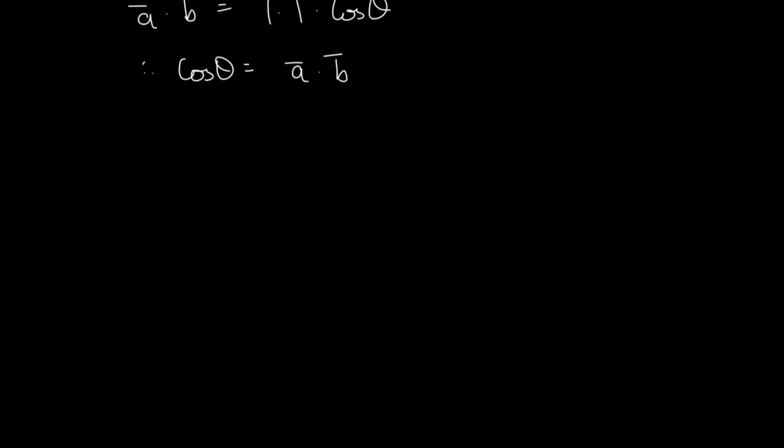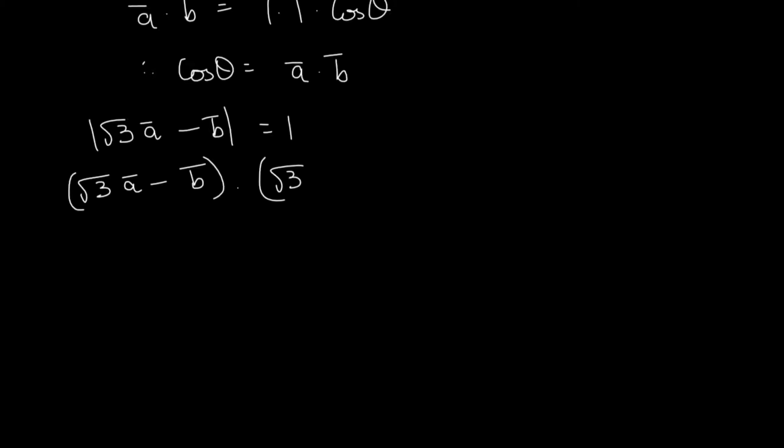Now we also take mod root 3A minus B, which is given as 1 in the question. So we take the dot product like this: root 3A minus B dot root 3A minus B, which is 1 into 1, which is again 1.